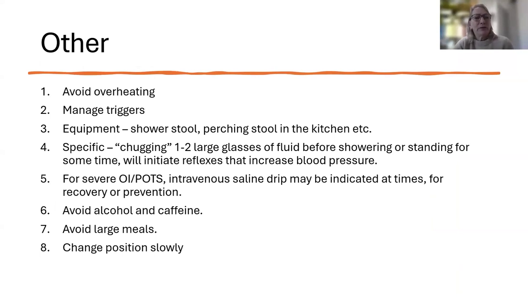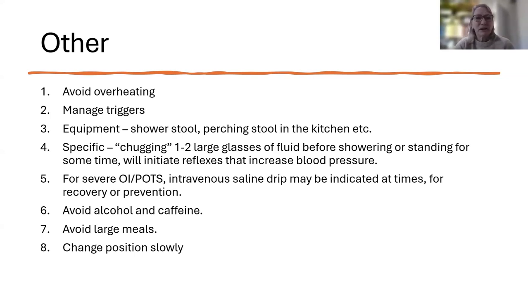Other things we can do are to avoid overheating. So cooler showers, avoid spas, be careful in heated swimming pools. Managing triggers, particularly if you know that emotional triggers or stress are things that make you feel worse.